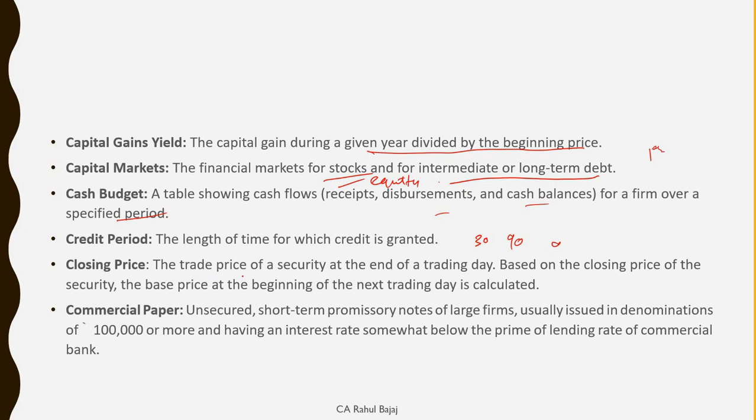We will go ahead. The trade price of a security at the end of the trading day. Commercial paper are also promissory notes of large firms, usually issued in denominations of 1 lakh or more, having an interest rate somewhat below the prime lending rate or commercial bank rate.